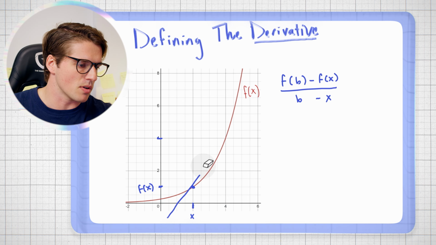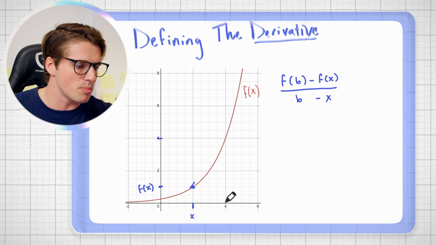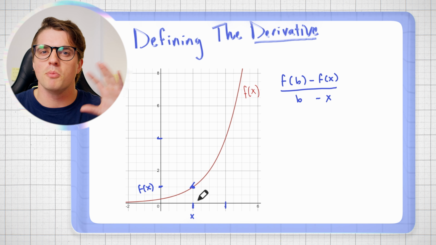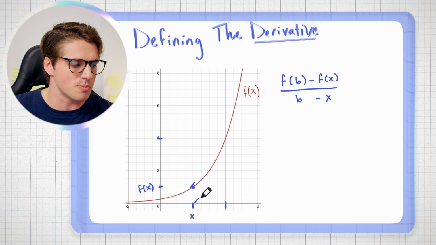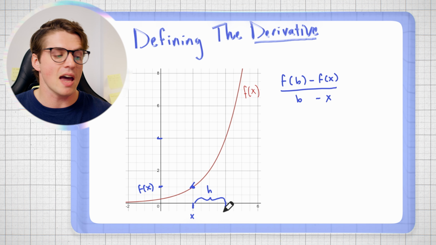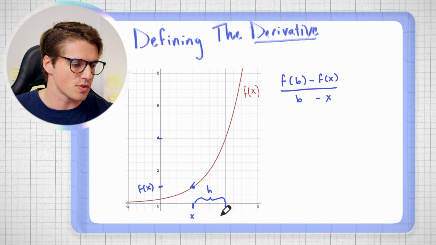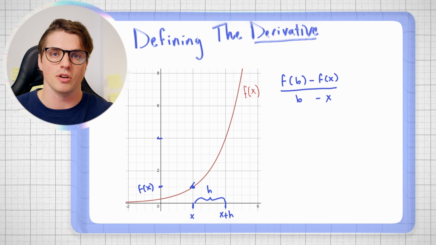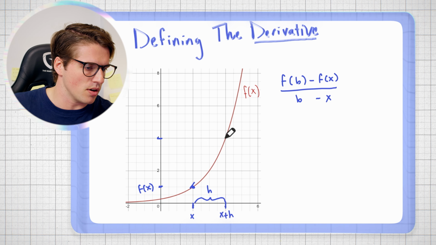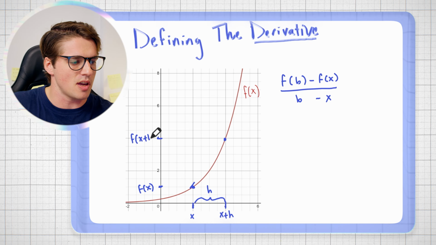However, now that we know what limits are, we can think about this a little differently. Let's get rid of this, and instead of b, let's pick an arbitrary point here. Let's say the distance between these 2 points is h. So we're going from x to a new point, x plus h. Our x value would be x plus h, and our y value would be f of x plus h.